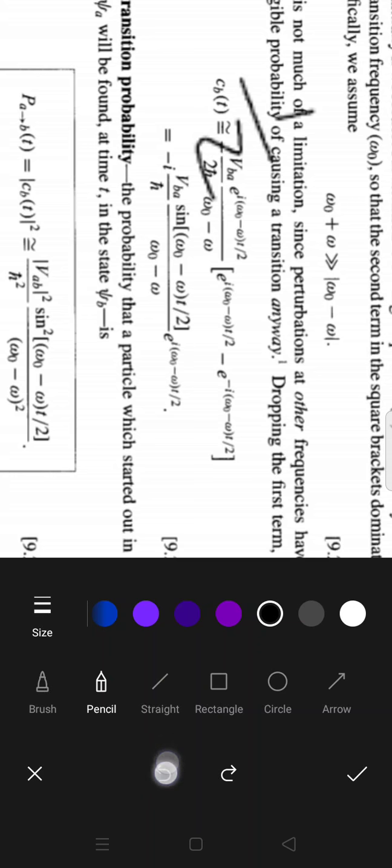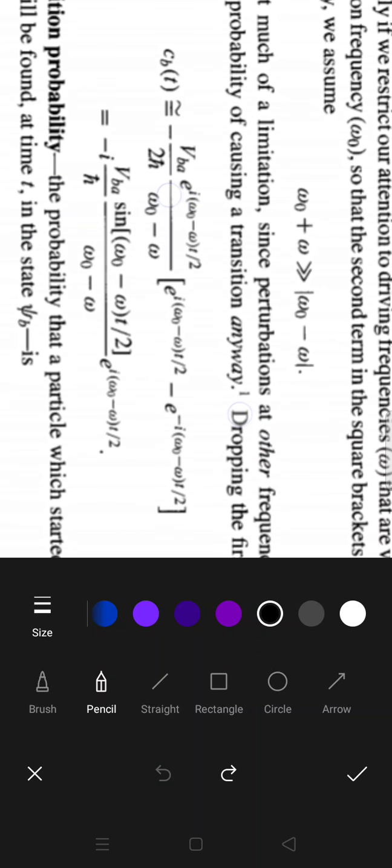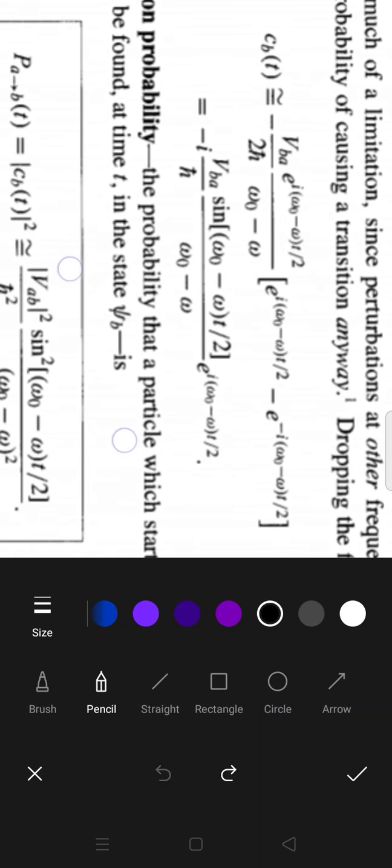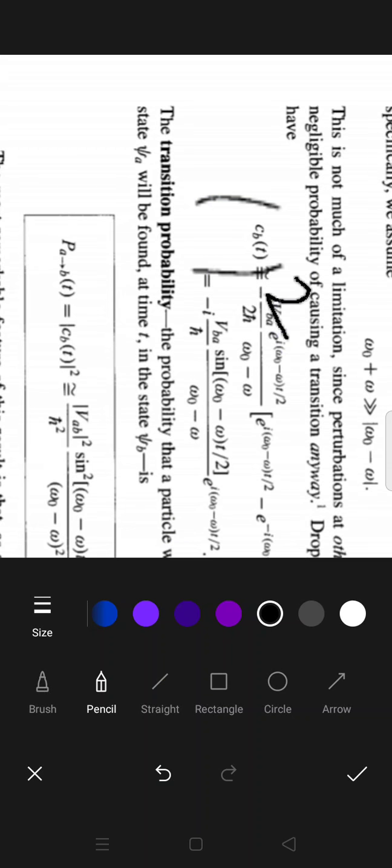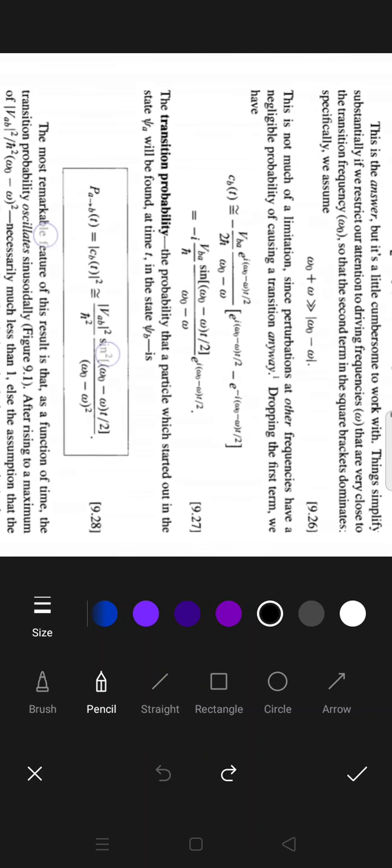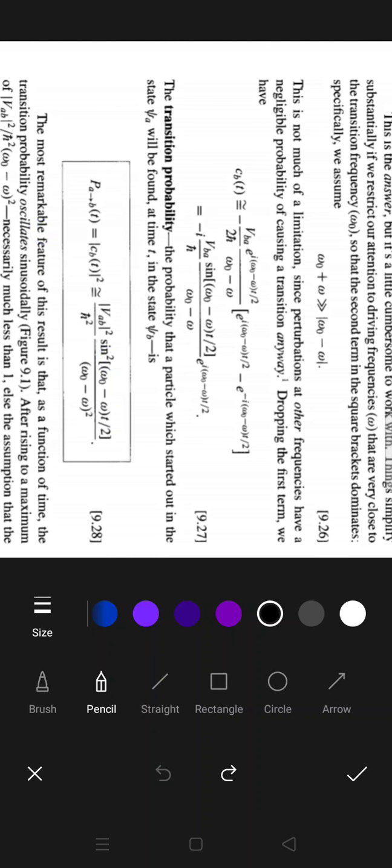The bases are the same, so add the powers. If we divide by 2i in numerator and denominator, you will get a sine function. If we square it, we find the probability that a particle which started out in state psi a will be found at time t in state psi b.